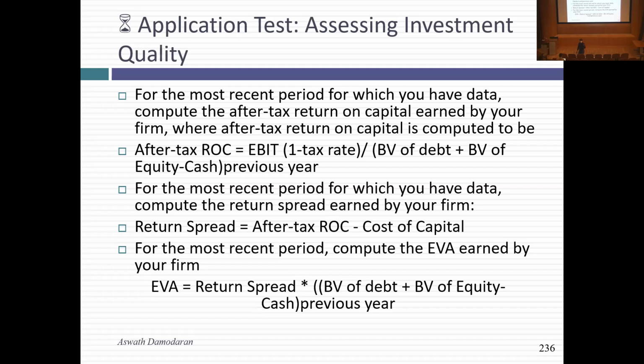And cut your company some slack if it's a young company. If you're Peloton, even if you think the company is going to come back, its return on capital today is not going to exceed its cost of capital. Young companies early in their life. So sometimes you might see a company with a return on capital less than the cost of capital, and you would say that's okay. It's a young infrastructure company.